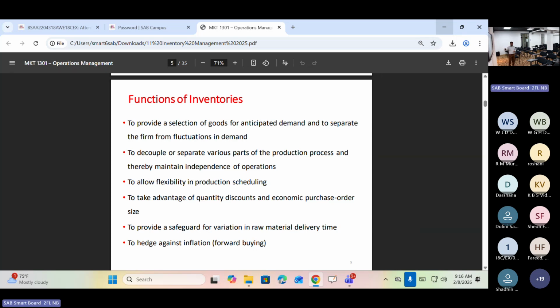In addition to that, we can also identify another role of inventories, to face the risk in the supply, especially what we call hedging against inflation. Product prices, especially in an inflationary market, are increasing day by day, weekly.